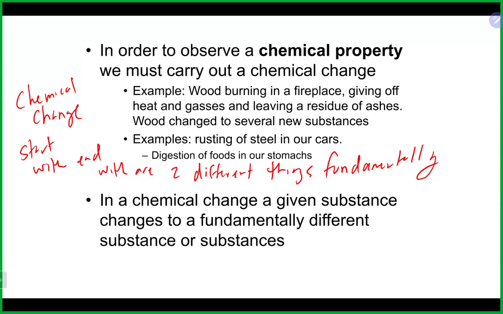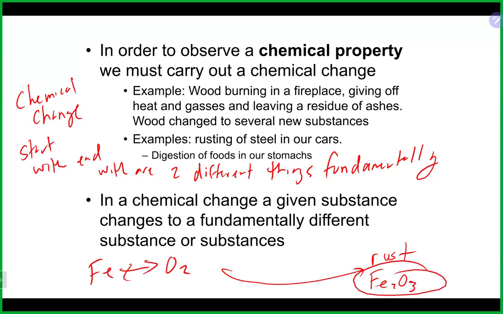So, for example, the formation of rust. In order to make rust, iron and oxygen are united together, and you can do whatever you want to that rust. You cannot get the iron back or the oxygen back through any type of physical means.